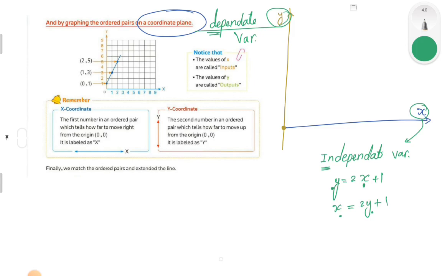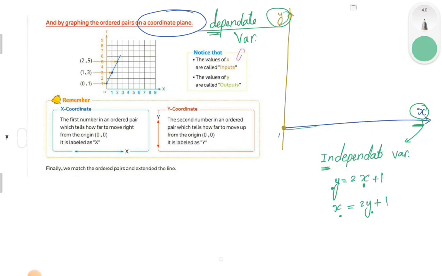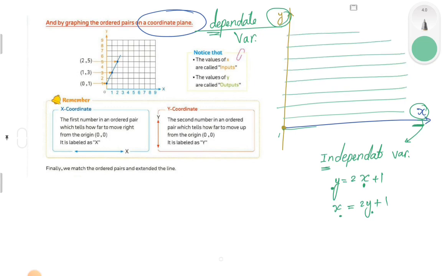Okay, but the end of that I put always the independent variable on x-axis and the dependent variable on the vertical axis. Okay, you know also that we find our coordinate plan something like that, right?